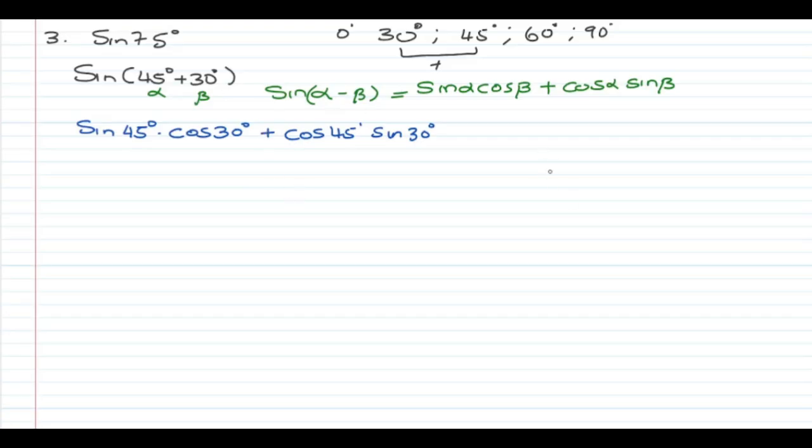Now I'm going to need my special angle triangles, the triangles that we use to find our special angles. First, I need the one that has 45. If this angle is 90, both of those angles will be 45. So we said that this one is root 2, 1, 1.